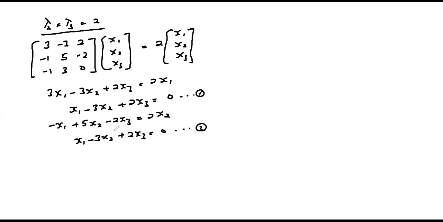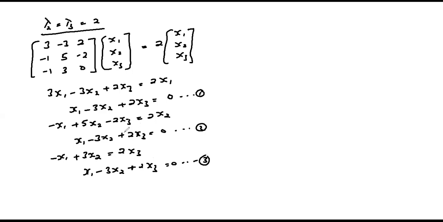Equations 1 and 2, you notice they're the same equation. Lastly, minus x1 plus 3x2 will be equal to 2x3, from which you get x1 minus 3x2 plus 2x3 is equal to 0, and this is supposed to be our equation 3.